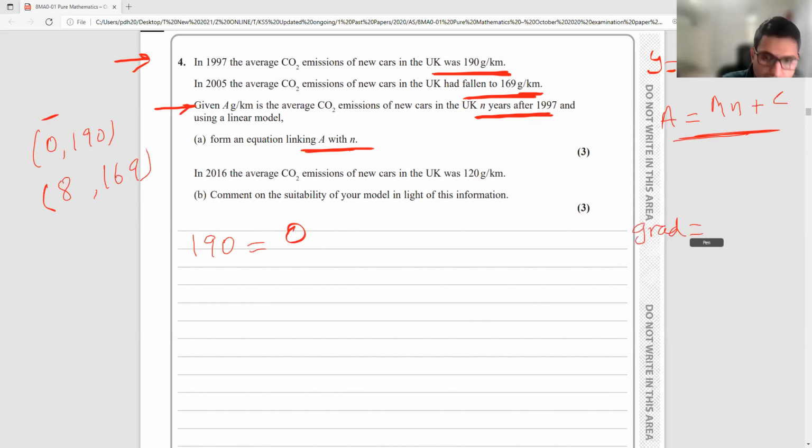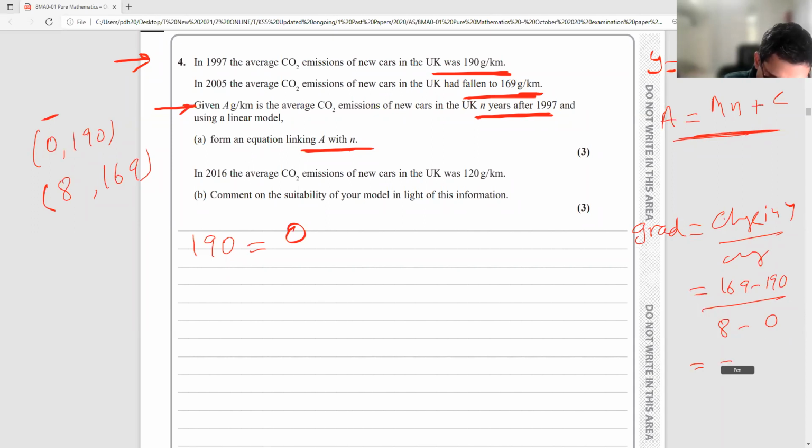We do change in y over change in x, which is 169 minus 190 over 8 minus 0. What answer did we get there? I got minus 2.625.